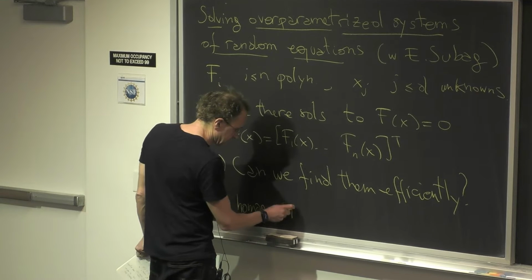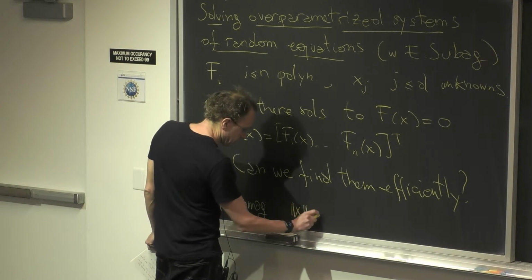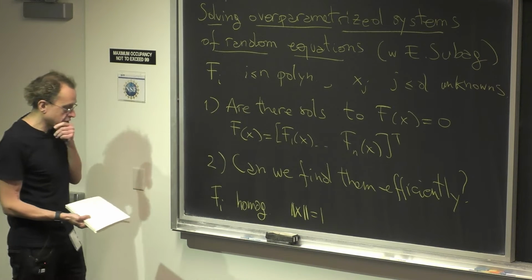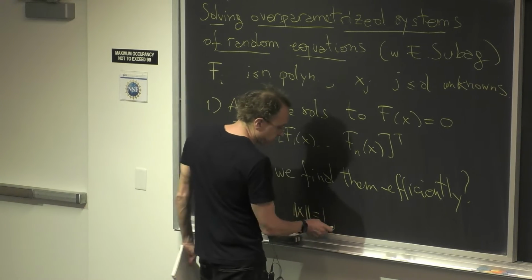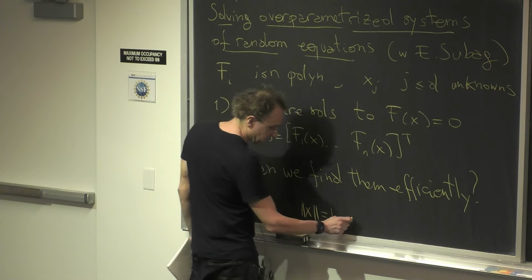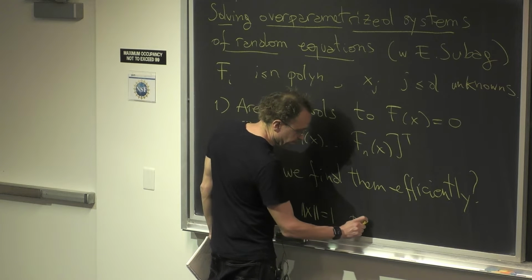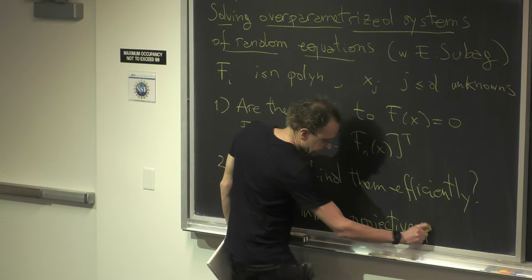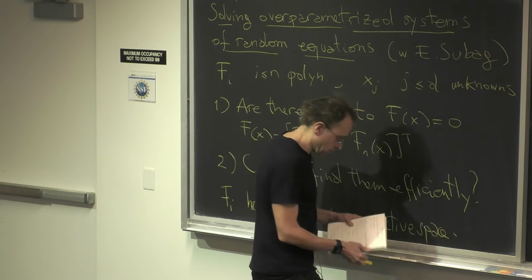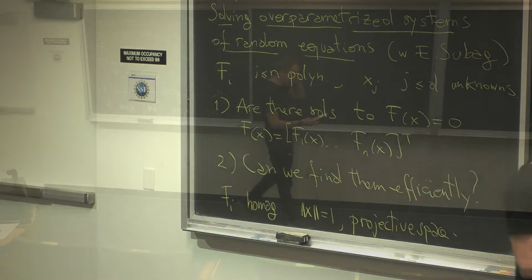So you have to put a constraint, and you normally put the constraint that the norm of x is equal to 1. Or equivalently, if you look in the math literature, this means that you are working on the projective space. So often things are stated in that form.